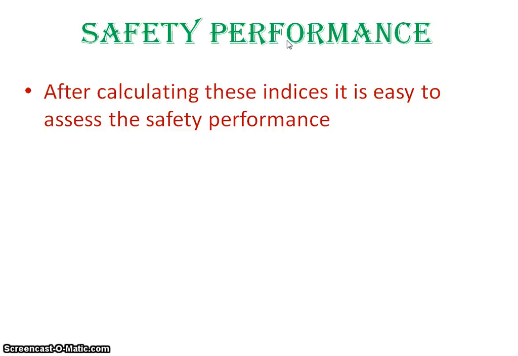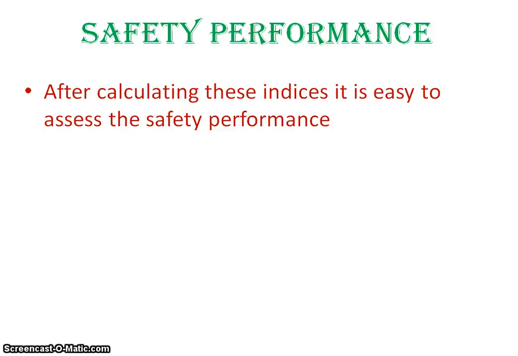Maybe the frequency of accidents may be more, but the severity may be less. And severity alone cannot give the safety performance either. So you have to assess both frequency rate and severity rate, and finally the incidence rate also. The incident rate gives the clear cut value of the accidents that have happened.